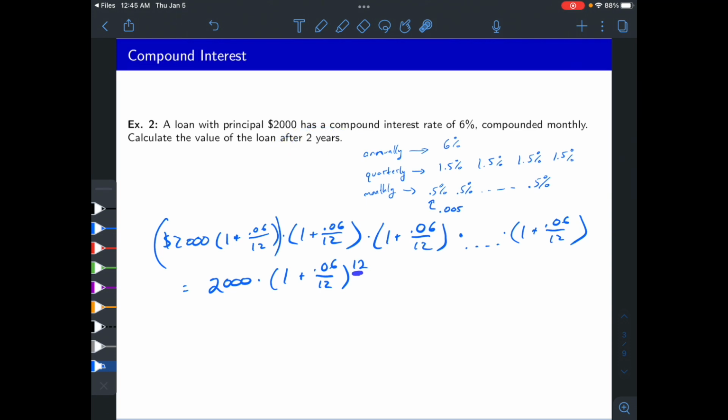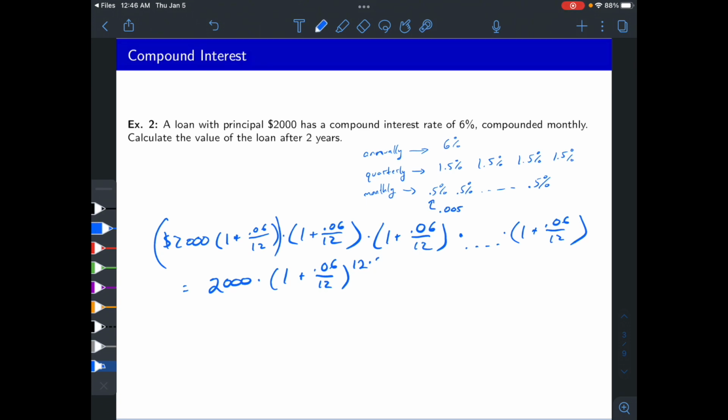Well, what if we're doing it for 2 years? Then I just do 12 times 2, which is 24. If I'm doing it for 5 years, I would do 12 times 5, which is 60 months. So however many months you're doing this for, that would be your exponent. We're doing it for 2 years, so let me fix that.